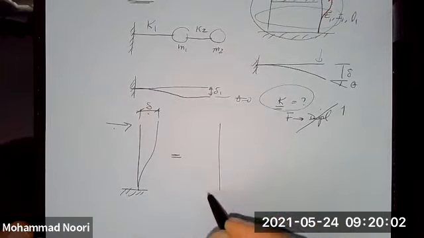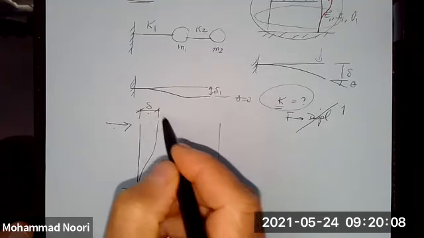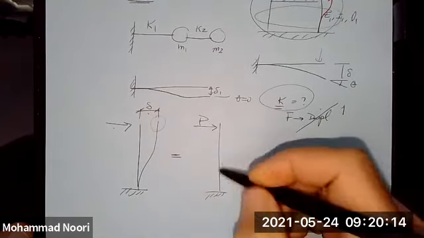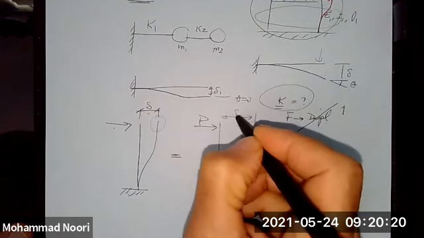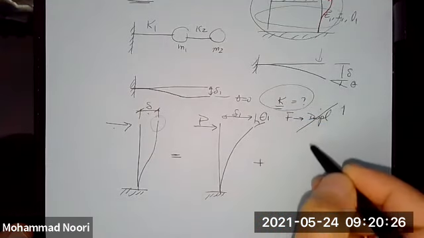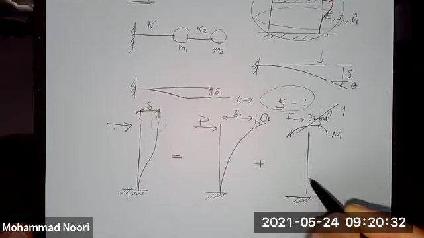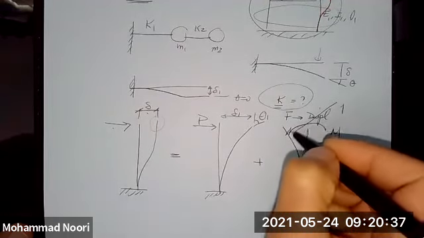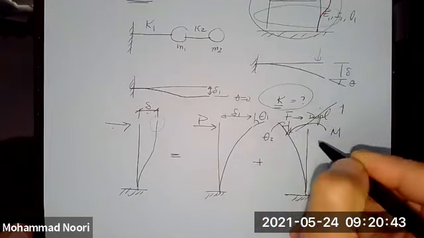You would say that if this is moving like this, the reason it's not experiencing a rotation, it is as if you have a load that obviously causes a displacement, delta 1, and a rotation, theta 1. But then you have an internal moment that is causing this total rotational displacement to come to zero.